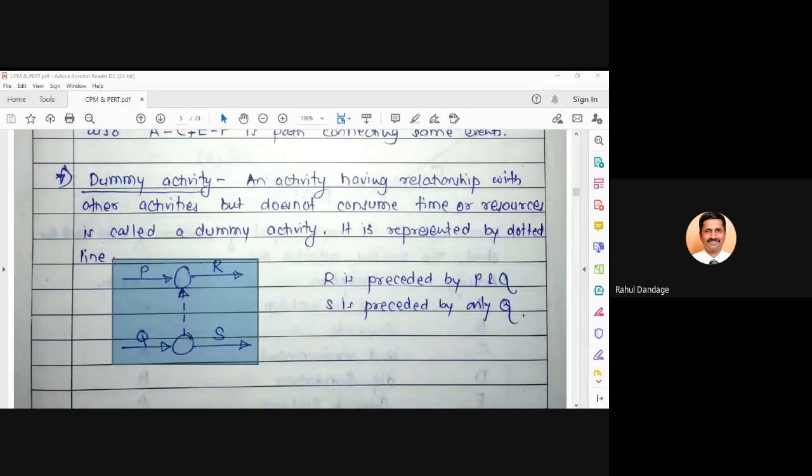If it changes, what will be the change? Whether there is a need for a dummy activity. If there is a need, how to show the dummy activity?